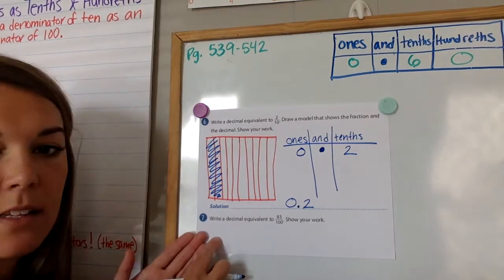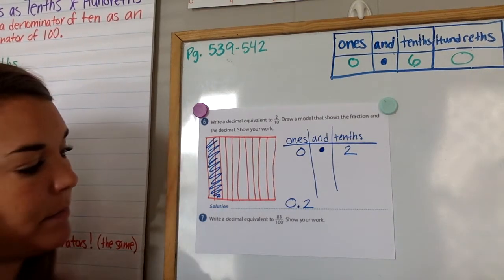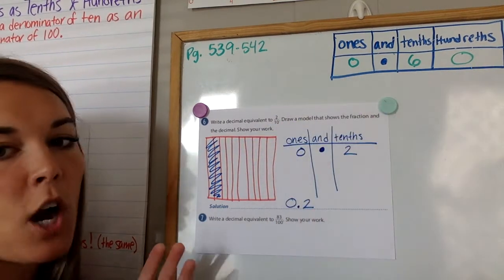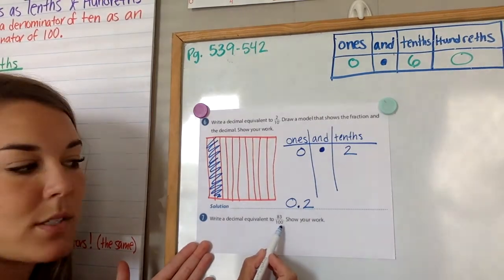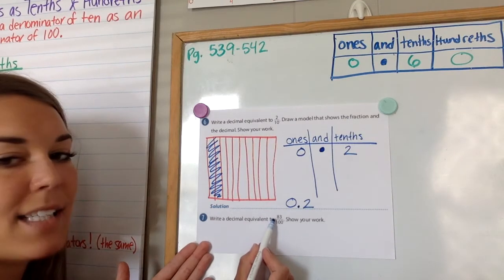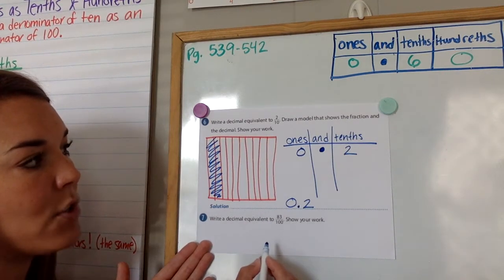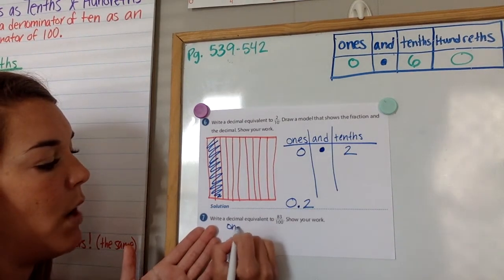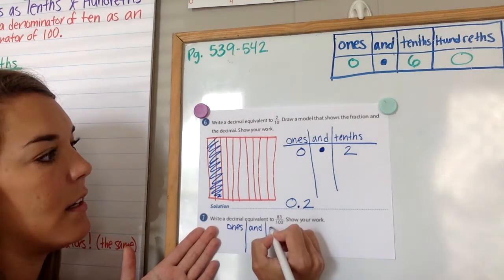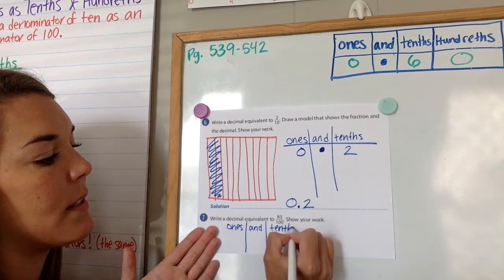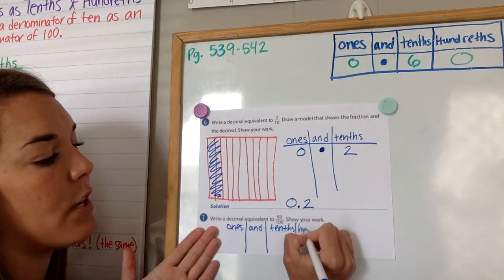All right. Let's look here down at number 7. I like to use this chart for now while we're getting used to it. So I'm going to write my chart. I know I need to go up to hundredths, okay? Because I'm looking for a decimal that's equivalent to 83 hundredths. So I'm going to write ones, line, and line. Tenths, hundredths.